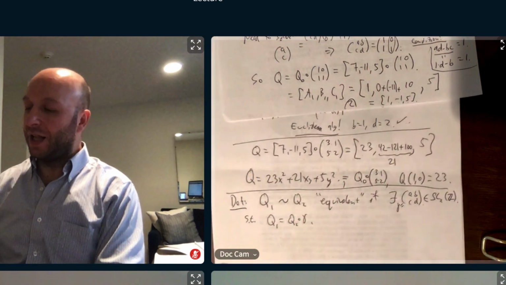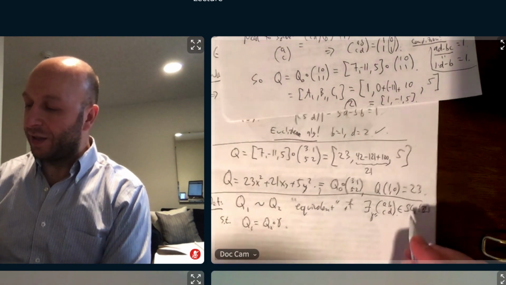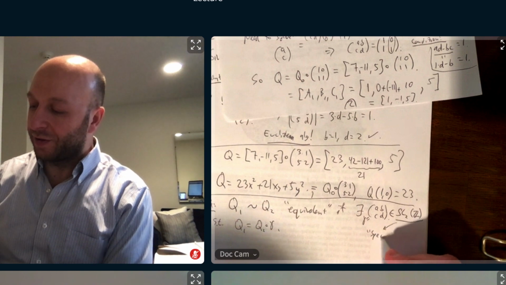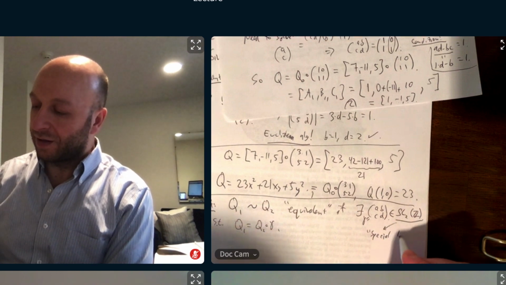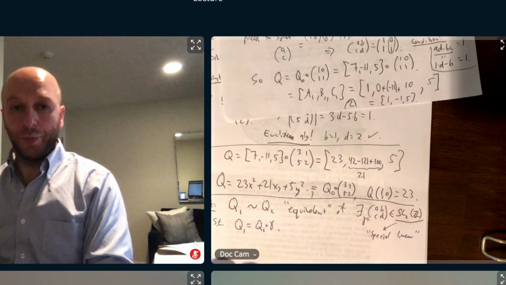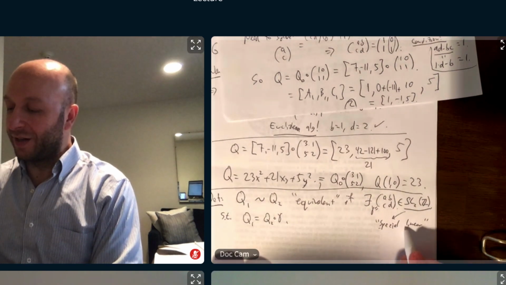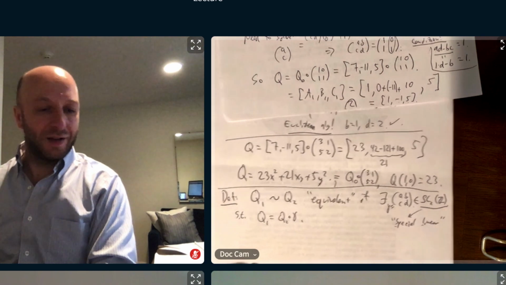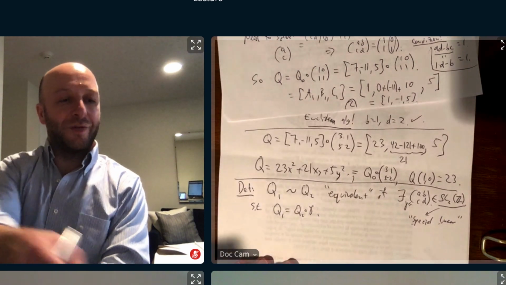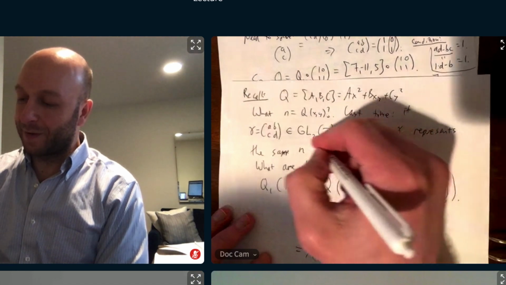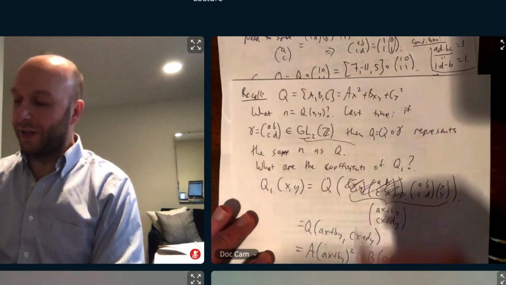In exactly the way we've been discussing. What is SL? SL, as opposed to GL, is the special linear group. SL stands for special linear. As opposed to GL, which we used before, GL is general linear.